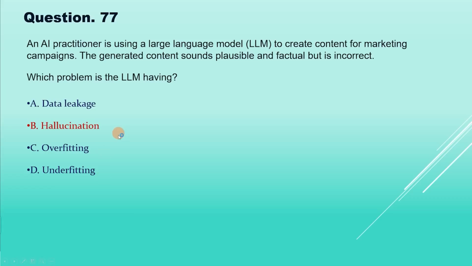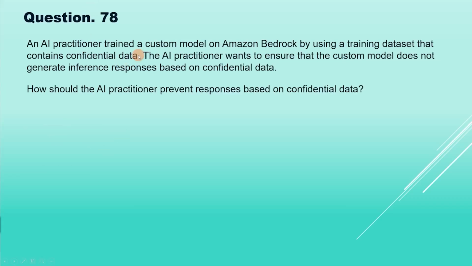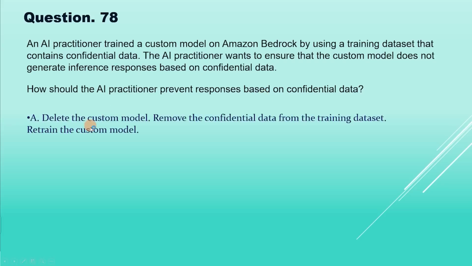And now question number 78. An AI practitioner trained a custom model on Amazon Bedrock by using a training dataset that contains confidential data. The AI practitioner wants to ensure that the custom model does not generate inference responses based on the confidential data. How should the AI practitioner prevent responses based on confidential data? Here are the options: delete the custom model, remove the confidential data from the training datasets, and retrain the custom model.